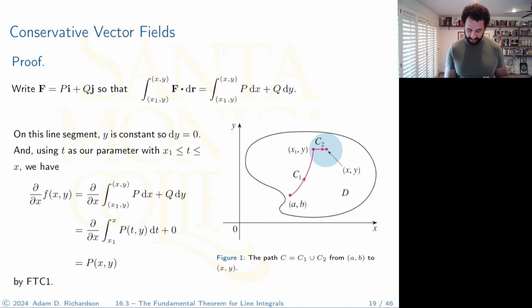And what we can do is parameterize x using t right here. And t is going to go from x1 to x, right? And we've got dt right there. Now we can apply FTC1, and when we compute the derivative of this integral, we get the original function evaluated at the upper bound, which is P of (x, y) by FTC1.